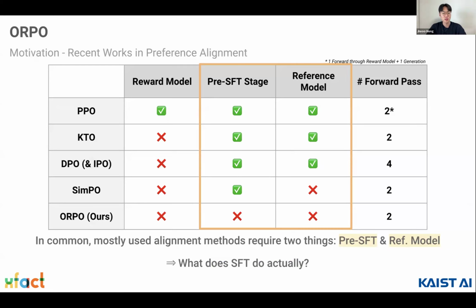However, if you see the yellow box here, there is what we call the pre-SFT stage. This means that we cannot align directly on top of a pre-trained language model, but PPO, KTO, DPO, IPO, and SimPO require a pre-supervised fine-tuning stage, for example, on instruction tuning datasets. The reference model here is the SFT model we want to align the language models on top of.